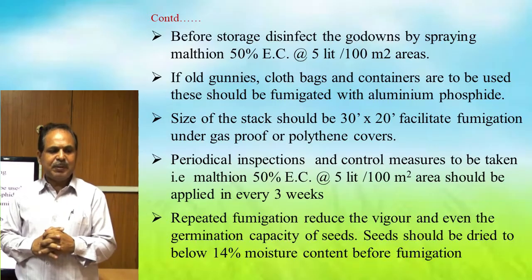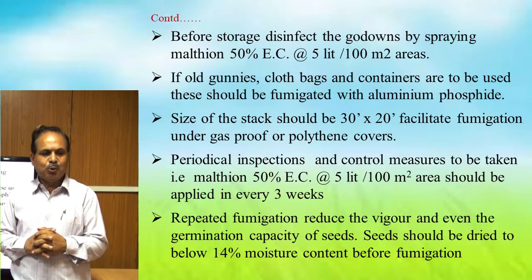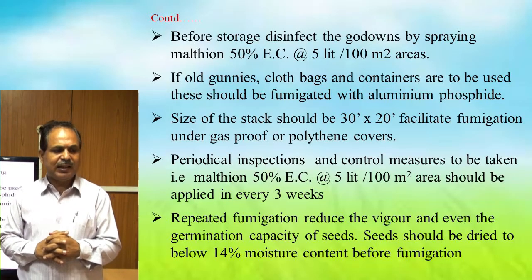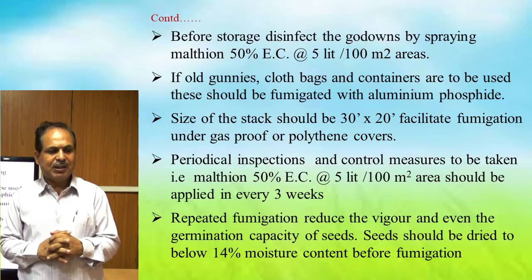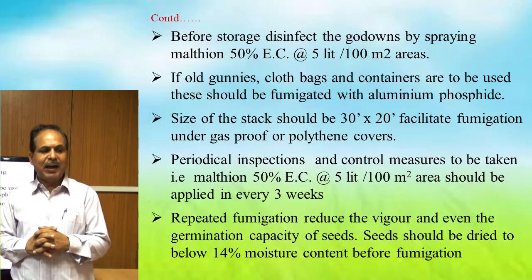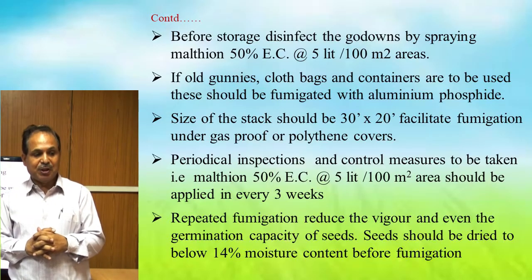Periodical inspection and control measures should be taken: malathion 50% EC at 5 liters per 100 square meters should be applied every 3 weeks of the storage.